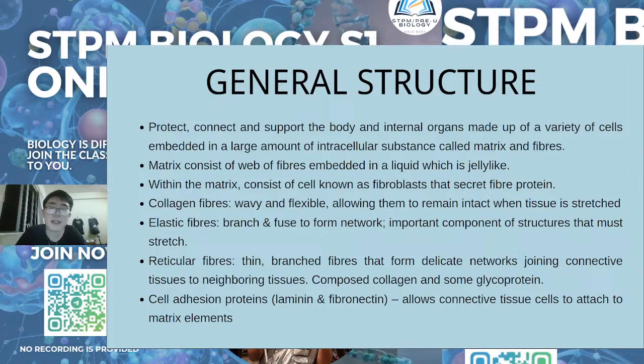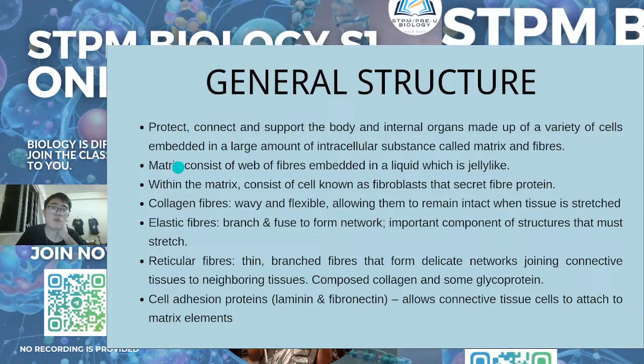So normally, in an examination, if you are asked to talk about general structure, I just highlight the keywords only. The general function is to protect, connect, and support the body and internal organs. And then it contains the intercellular substance we call matrix and fiber. So it is normally made up of matrix and fiber.